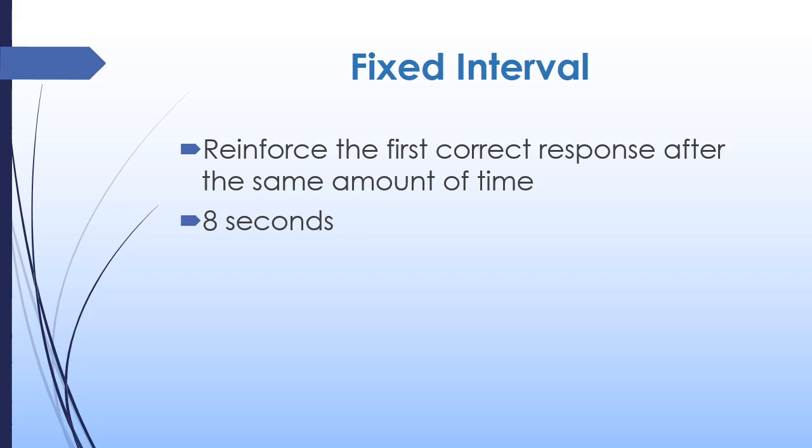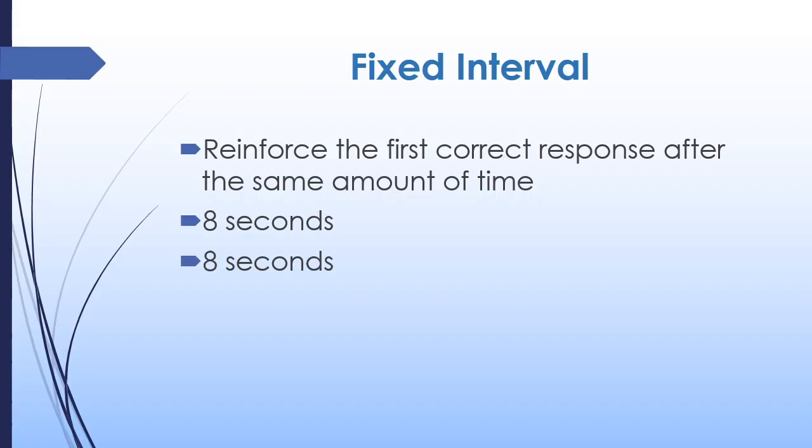Now, because it's fixed and fixed is same, the next interval will be 8 seconds. It's got to be the same amount of time. Again, it doesn't matter what that rat does in those 8 seconds. The rat could continually press the bar, or the rat could go off and go to sleep. It doesn't matter. You're not concerned about what the rat's doing.